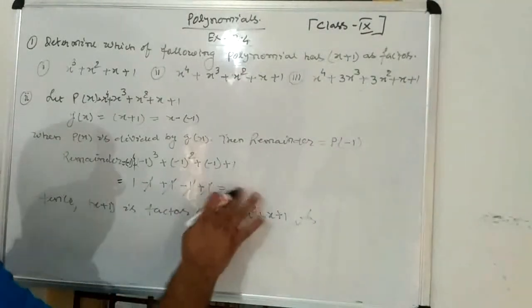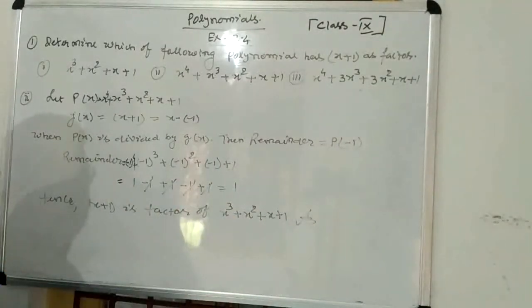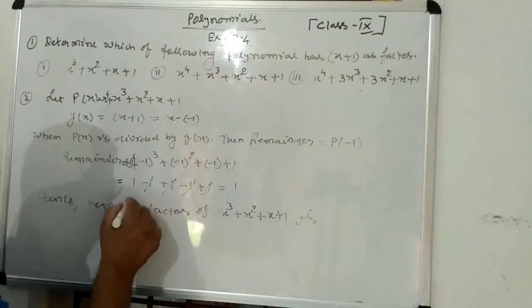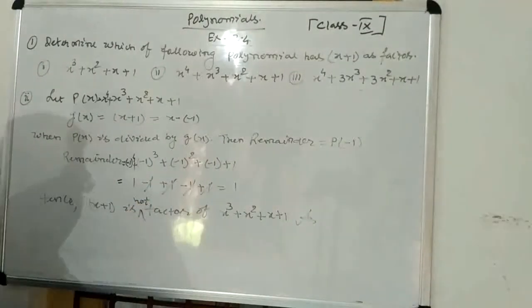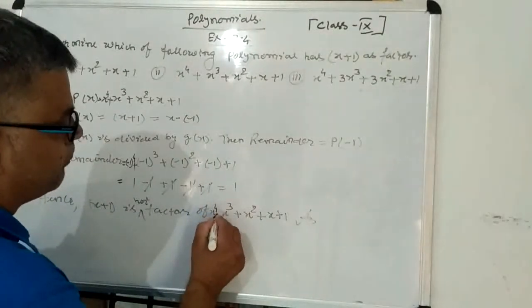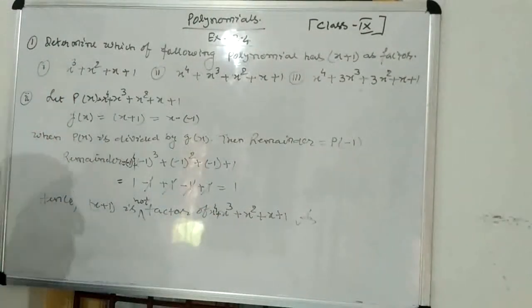So your value becomes 1, and in this case the remainder is not 0. So x plus 1 is not a factor. Here you write not a factor of x to the power 4 plus x cube plus x square plus x plus 1.